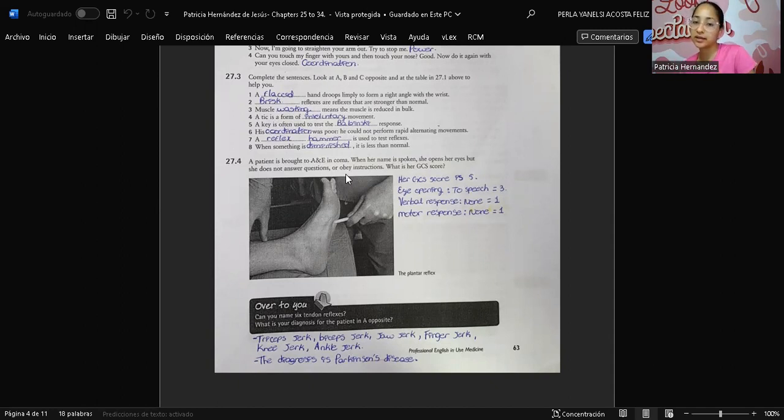What is her Glasgow Coma Scale score? Okay, her GCS score is 5. In eye opening to speech, that means 3. Verbal response is none, that means 1. And motor response, none, that means 1.